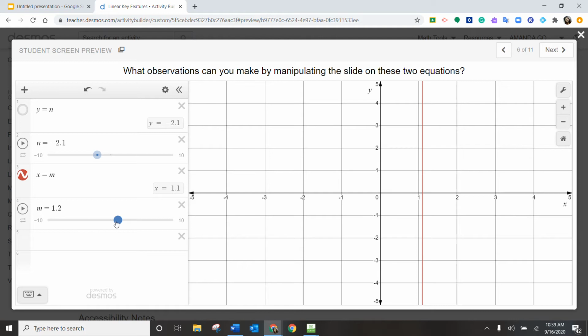Okay. x is equal to 1.5. x is equal to 2.5. x is equal to, oh goodness, 3. All right. Let's go over to x is equal to negative 1-ish. There we go. Interesting. Okay, so let's move on to the next slide.